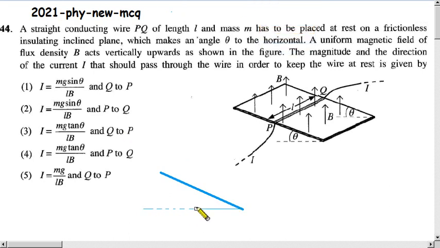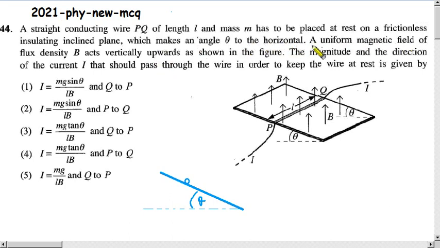So the plane is inclined to the horizontal plane with the angle theta. This is the cross section of this wire, then we can see the wire is like this. So this one is a 3D figure.